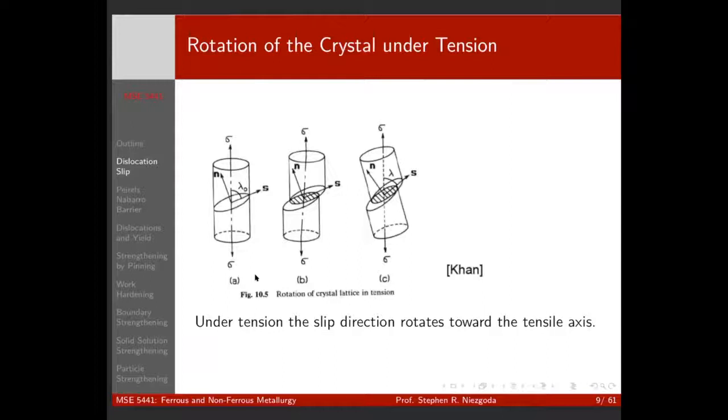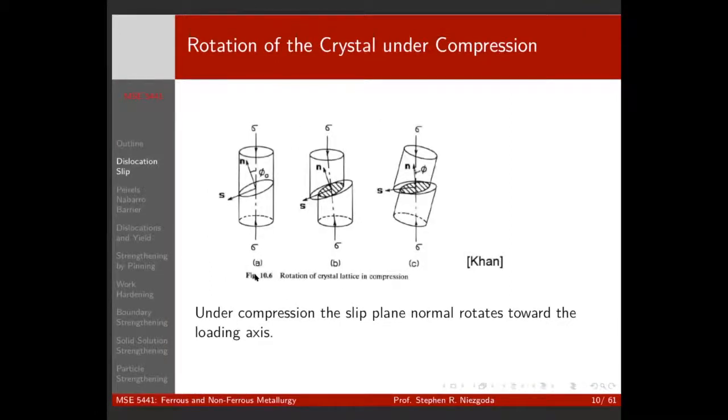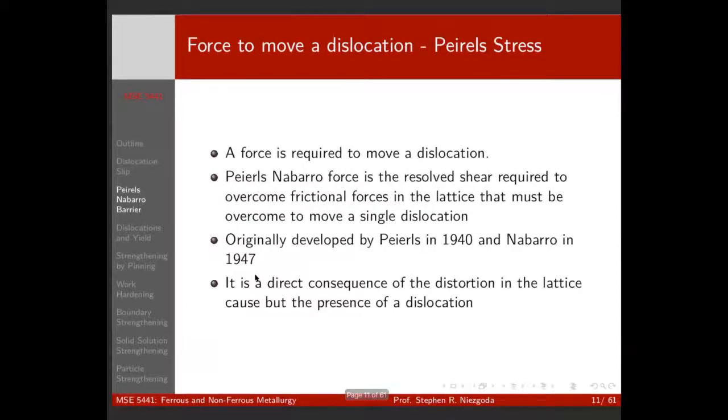So the only way we can get this sliding without the grips offsetting is to also introduce a bending, a rotation of the lattice. And under tension, the slip direction rotates towards the tensile axis. And it's not hard to convince yourself that this has to be the case if you play with it for a couple minutes. Under compression, the slip plane normal is going to rotate towards the compression axis. The sense of rotation is going to be opposite.